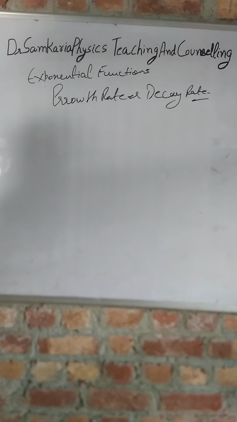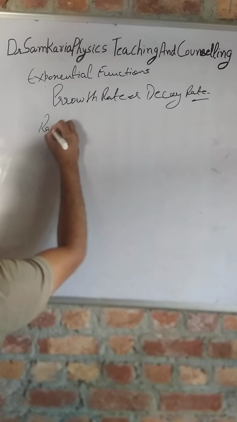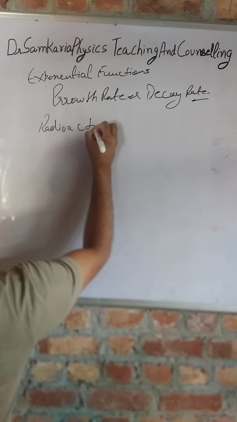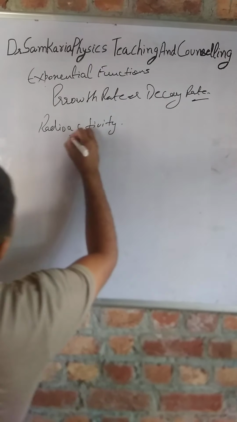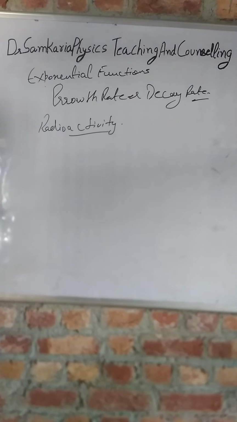So I will give you one or two examples from physics. In physics, there is a very important phenomenon known as radioactivity. Radioactivity is a spontaneous emission of alpha and beta radiation from the nuclei. In that process, you have some nuclei decaying and some nuclei growing, and radioactivity is a continuous process.